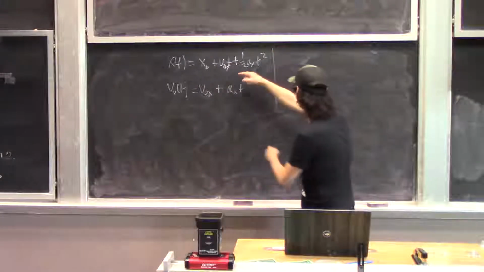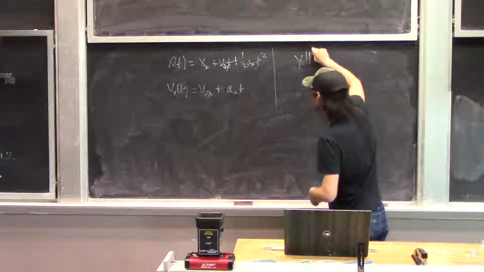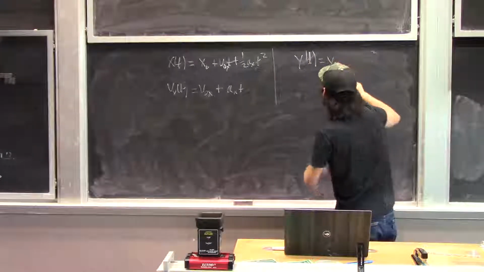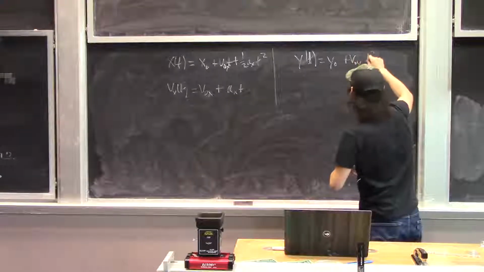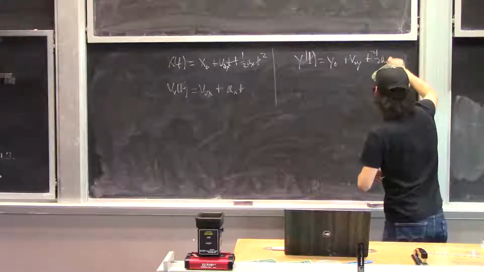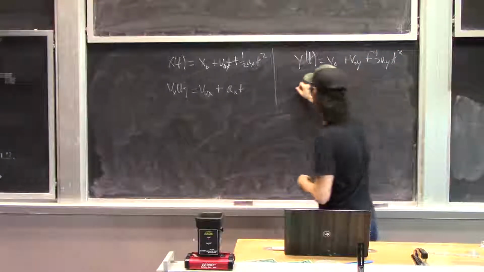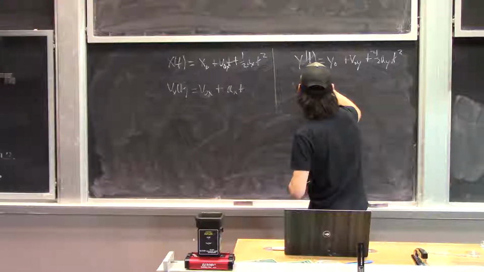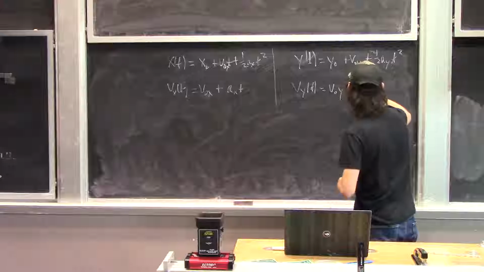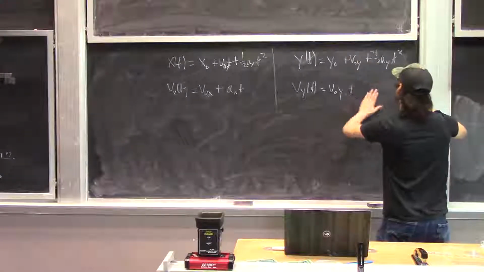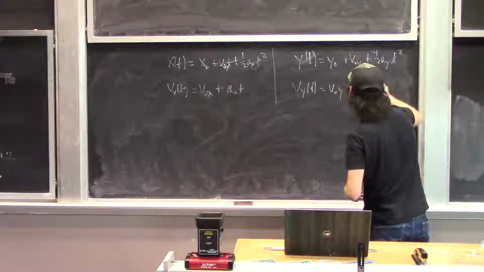So these are my x equations. My y equations look exactly identical. So this is going to be y0 plus v0y t plus 1/2 a y t squared, and v sub y of t is equal to v0 y plus a y t.